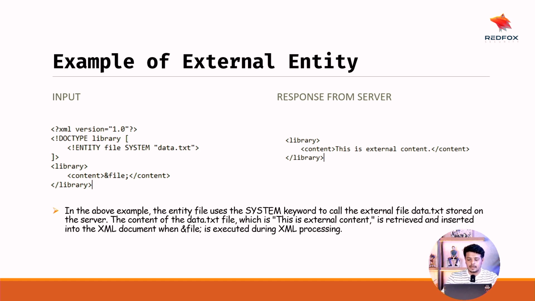It is received and inserted in the XML document when &file; is referenced, as we did in the internal entity part where &author; was used to reflect the data. Here, as we declare the file entity, we need to call &file; to execute the process and retrieve the data. So this is an example of what an external entity is and how it works.